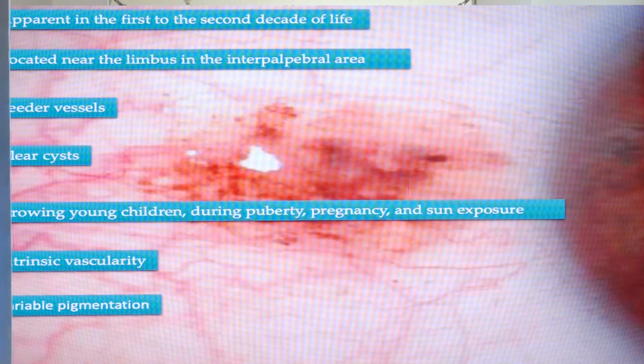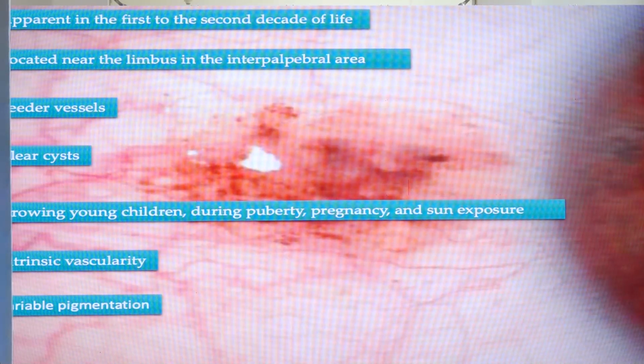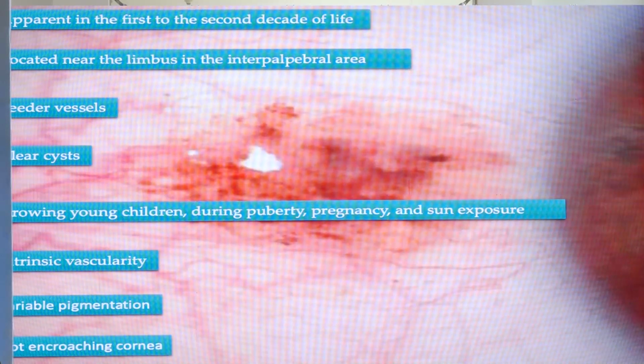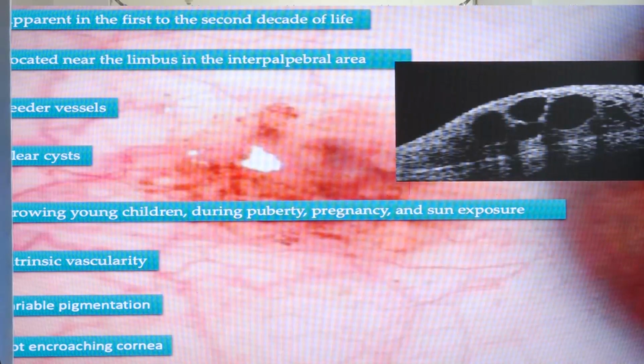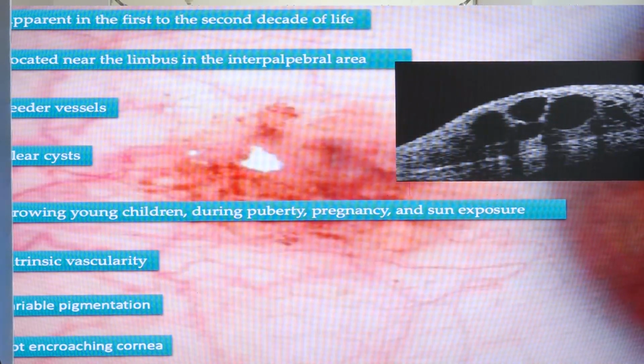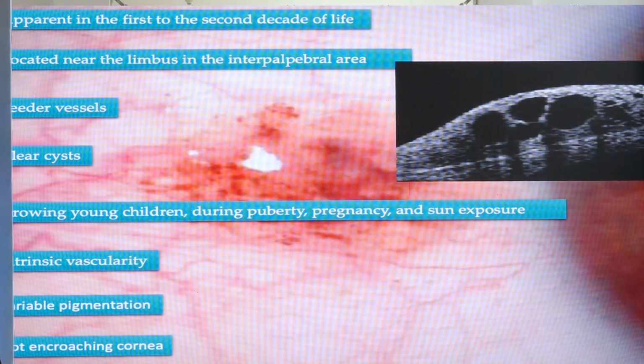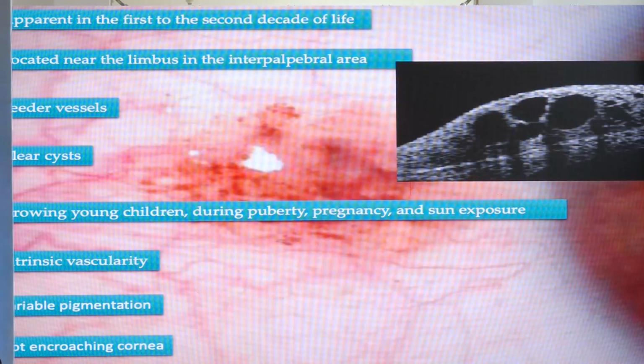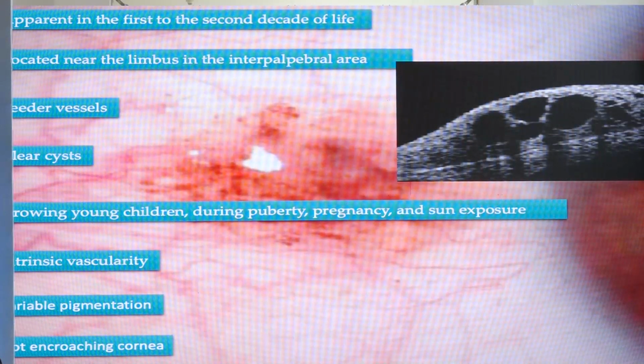It will be light brown, dark brown to black to a certain extent. It will not be a single color. And sometimes when you cannot see the cysts properly, then you can of course do ASOCT to document that there are cysts and it is not encroaching on the cornea. So these are very clear features which differentiate your nevus from anything else.